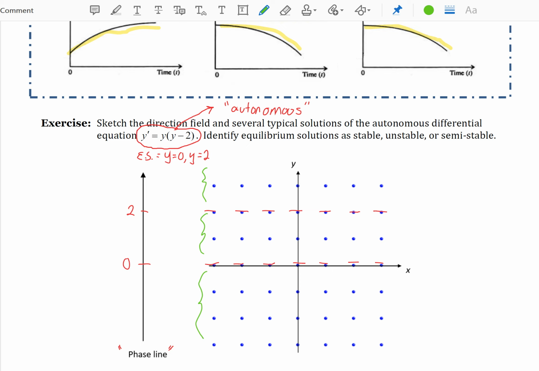For example, if you were to pick the line y equals 1, pick this test point in this region, anything along the line y equals 1, the slope would be 1 times 1 minus 2, which would be -1. And I don't really care that it's -1 as much as that I know that it's negative. I'm trying to draw an arrow pointing down here.